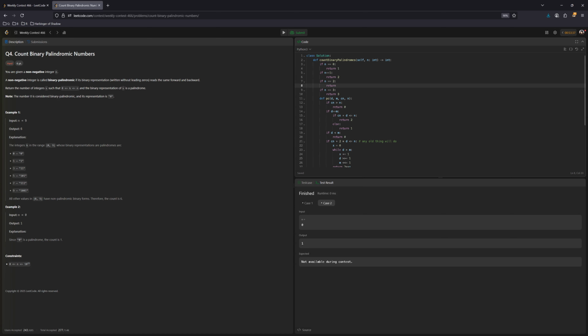Let's say if n equals 2, then 1, right? No, because you could still do 1. Yeah.